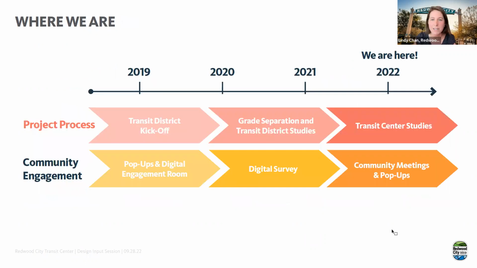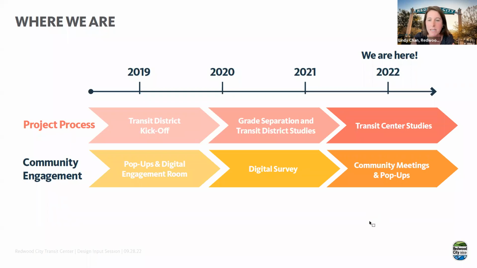Thank you. So I'll go ahead and kick us off with some background. As you can see, this has been a really exciting journey. We began this process in 2019, and the City Council directed staff to create a transit district and do that in partnership with their transit agencies. The city has held robust community outreach in 2020 and late 2021, and that's really informed the city-led process.